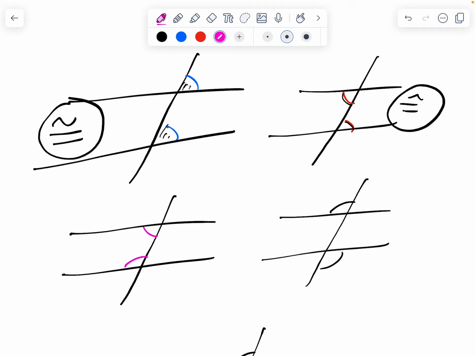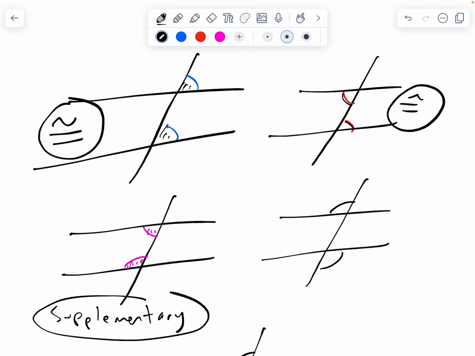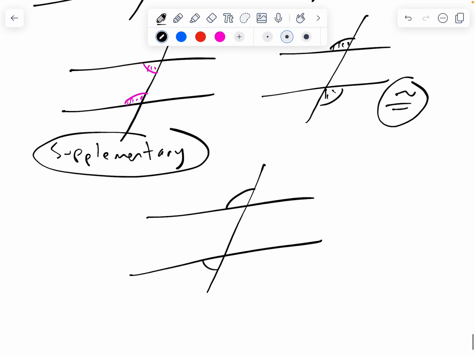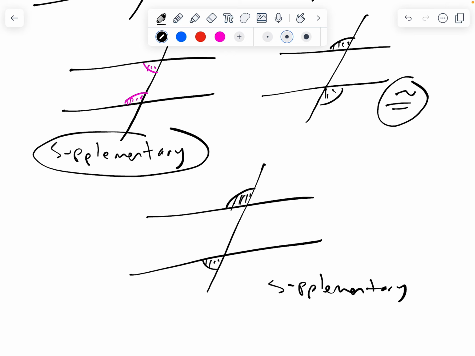These, I've got one little, one big, so they are not congruent. They are supplementary, which means the two angles together add up to 180. These right here are a big and a big, so they are congruent. And these, I've got a big and a little, and a big and a little add up to 180, so supplementary.